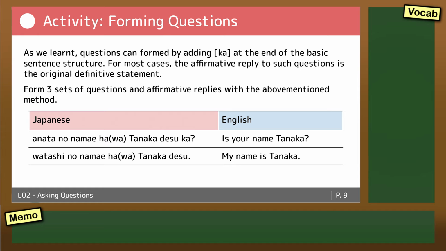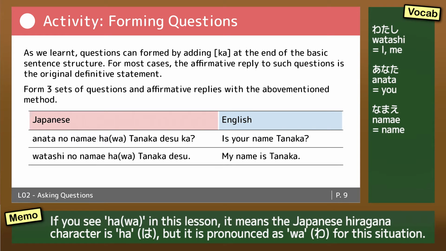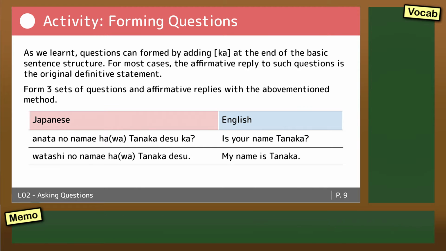We have learned that you can form simple questions easily by adding ka to the end of the basic sentence structure. For most cases, the affirmative reply to such questions is the original definitive statement. In this activity, we will practice what we have just learned by creating 3 sets of simple questions and their respective answers.